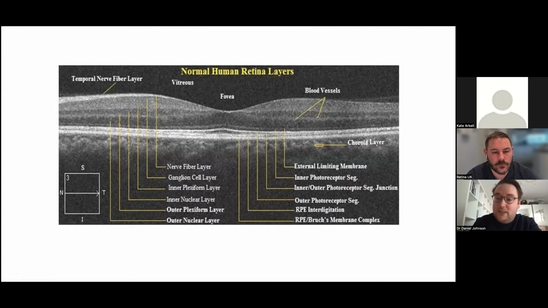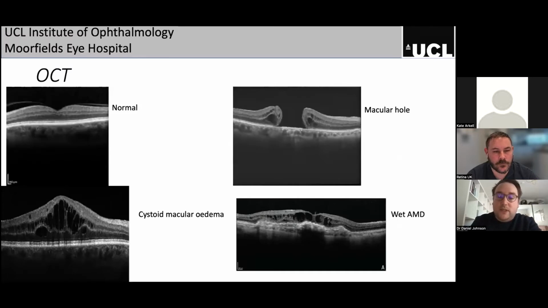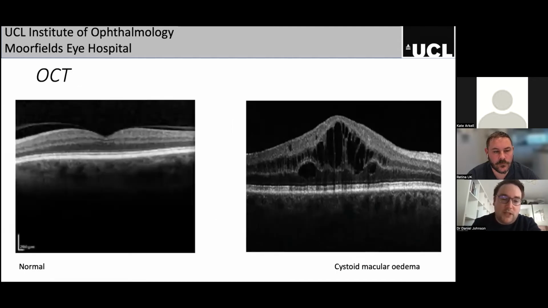So we can basically see those at that time point. And that's one of the things that we look at when we're assessing particularly inherited retinal conditions. We can see all sorts of different pathology and weird and wonderful things here. So I'll just talk through some of these. Again, on this picture here, you've got the normal OCT of the macula on the left.